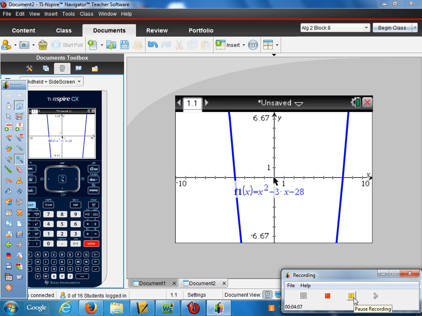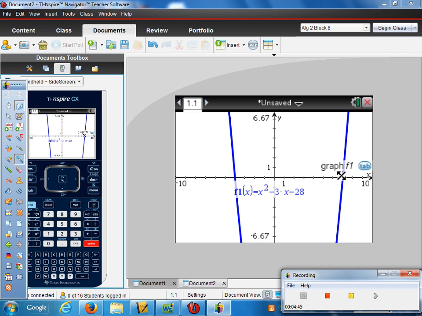Isn't the x-axis where y-coordinates are 0? You're not going up or down any. If I wrote these as coordinates, my answer would be 7, 0. I'd be over 7, up 0. I have a y-coordinate of 0, and over here it says -4, 0, so my y-coordinate is 0. When you find the solutions of an equation, you're finding where it equals 0, and so you are finding those 2 points. Was that weird? No.